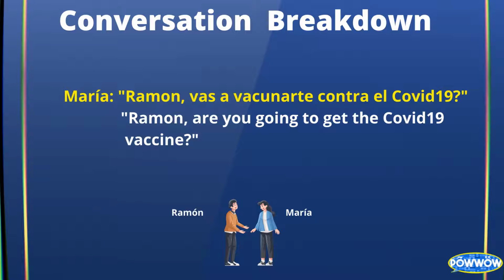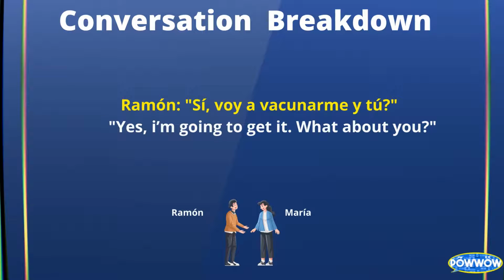Now, let's continue. Then Ramon replies with, sí, voy a vacunarme. ¿Y tú? Yes, I'm going to get it. What about you? So in this case, the it is referring to the COVID vaccine. However, he has voy a vacunarme, which means I'm going to vaccinate myself, literally.